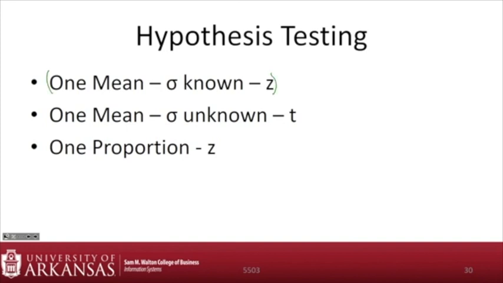But most of the time, we don't know the population standard deviation, so really, this is the one that I use 98% of the time. But as this is an intro stat class, I show you both. So we're going to be able to compare a mean to a population value and a proportion to a population value. That's what we're going to do in Chapter 9.